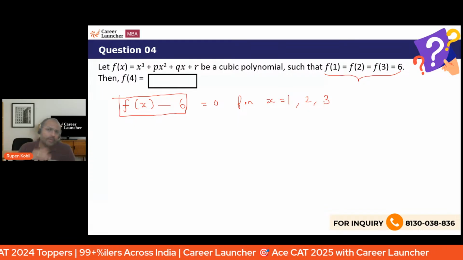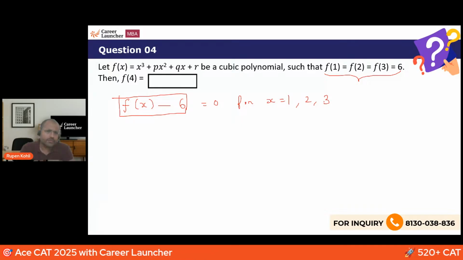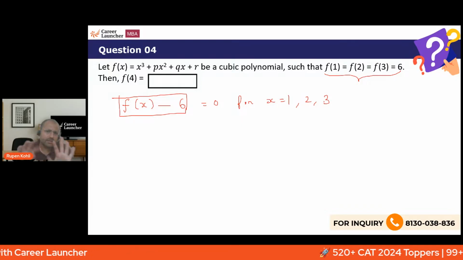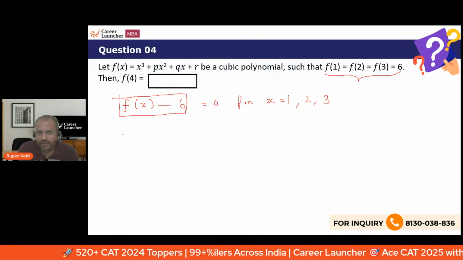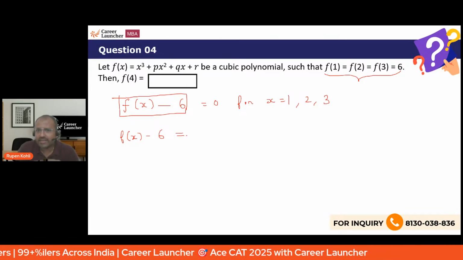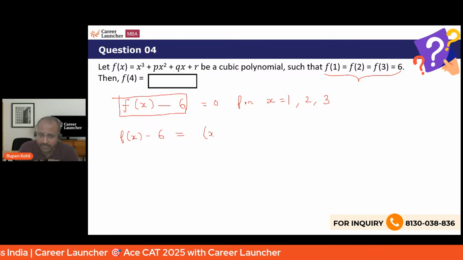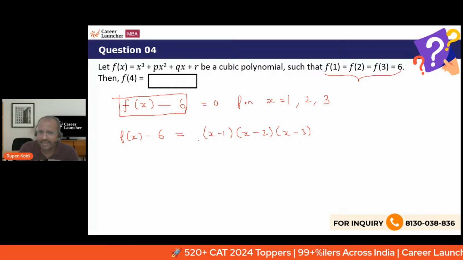And how does a cubic polynomial whose roots are 1, 2, 3 look? Isn't it going to be simply the product of the factors, which is (x minus 1)(x minus 2)(x minus 3)? So what do we conclude? Can't we conclude that f(x) minus 6 should be equivalent to, in the algebraic form, (x minus 1)(x minus 2)(x minus 3), and apart from that, maybe you could multiply here with some constant also, let's say k.